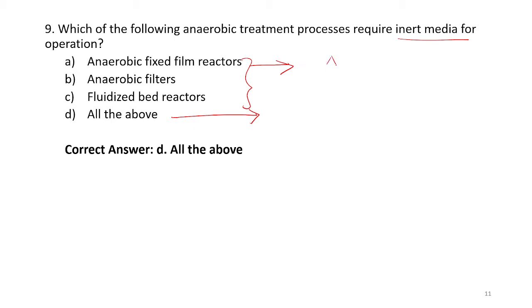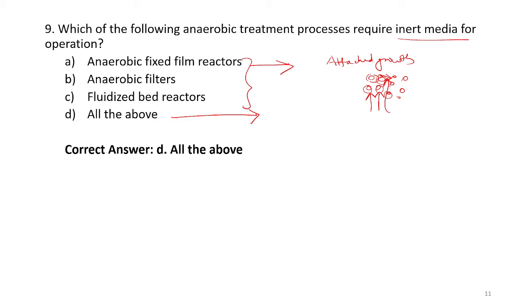In attached growth, there will be inert media or a support structure to which the microbes get attached on the surface. When the wastewater comes in contact with this inert media, or is passed through the media, the microbes attached to the inert media will act on the wastewater. Biochemical reactions happen, and due to enzymatic activities and so on, there will be removal of organic matter.